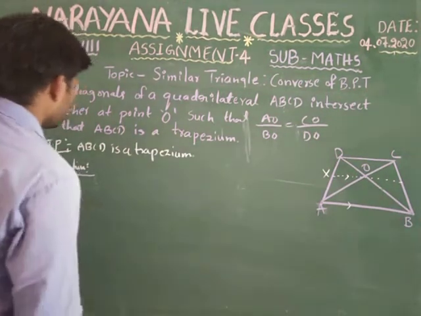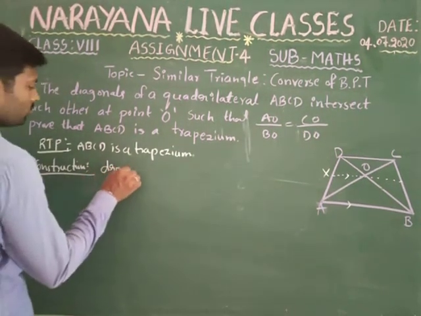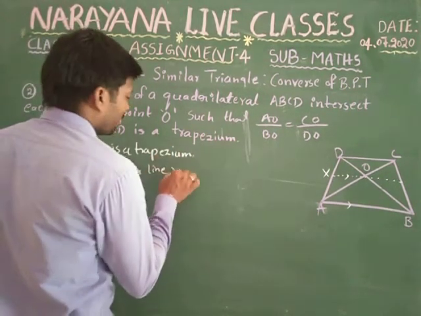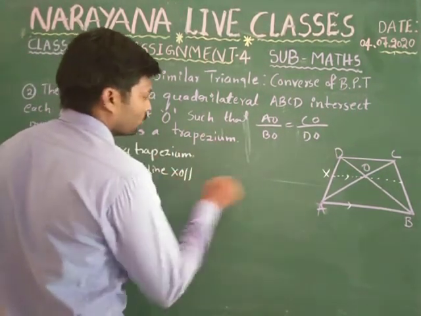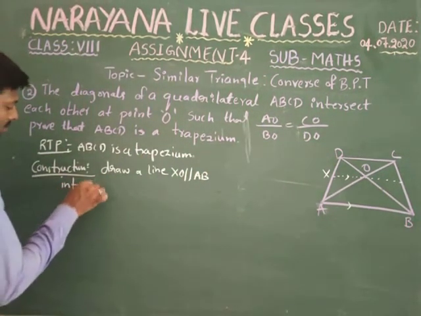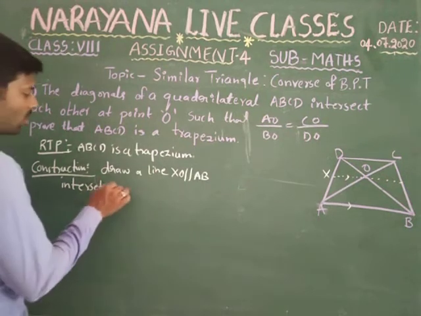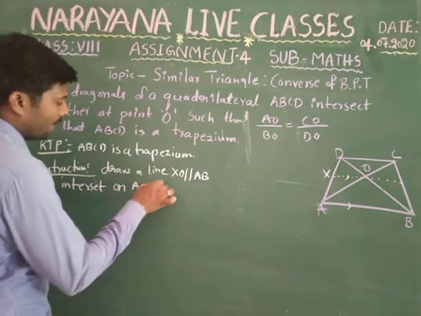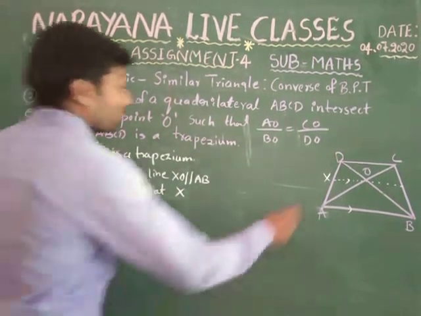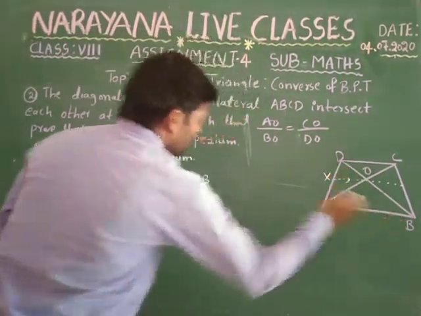I will write it like this: draw a line XO which is parallel to AB, intersecting AD at X.